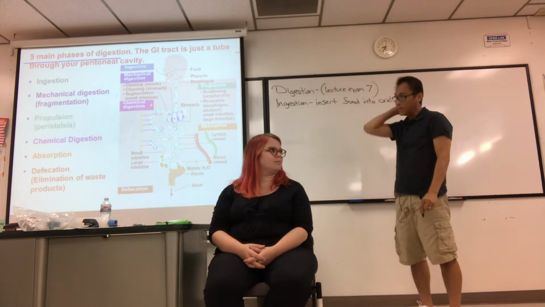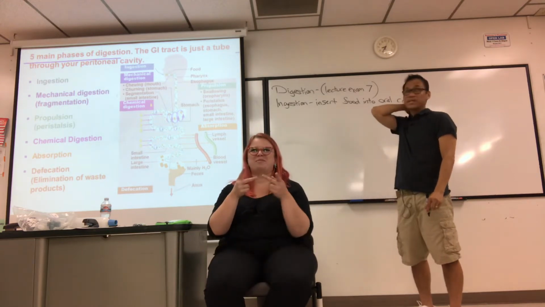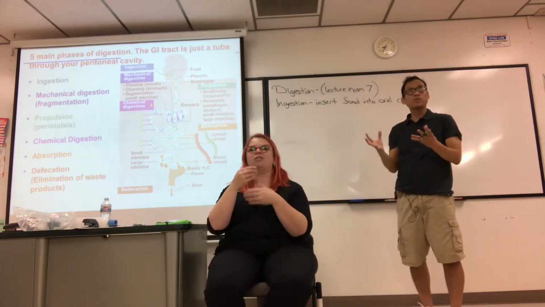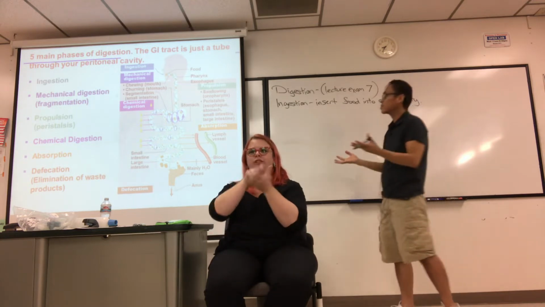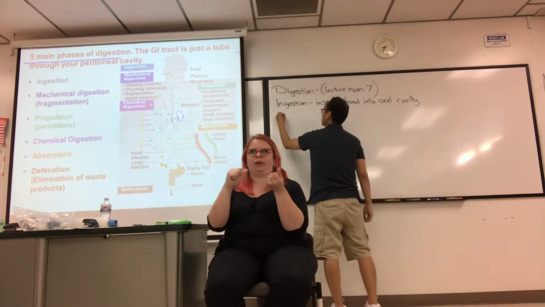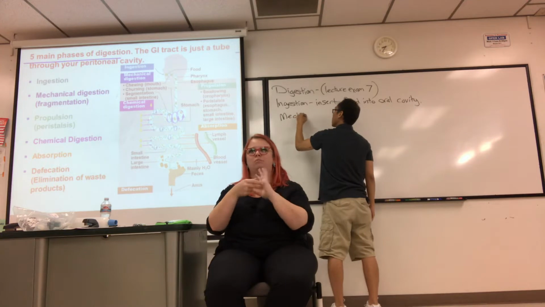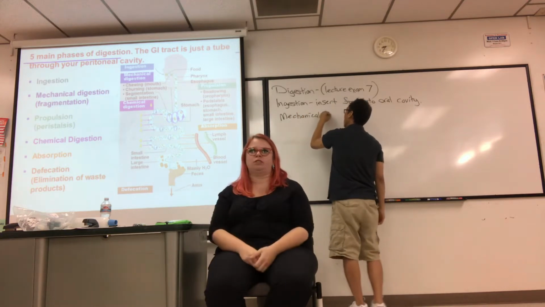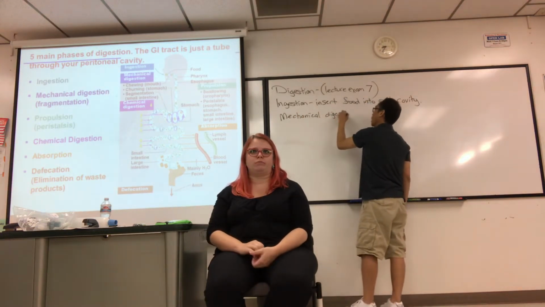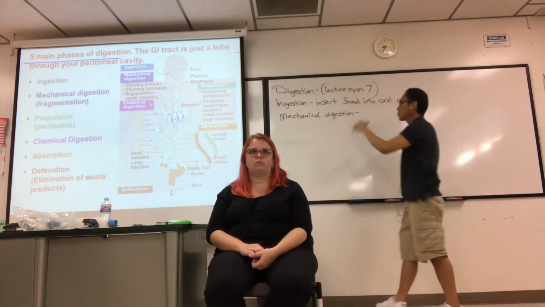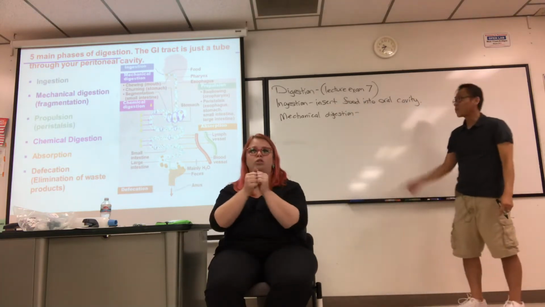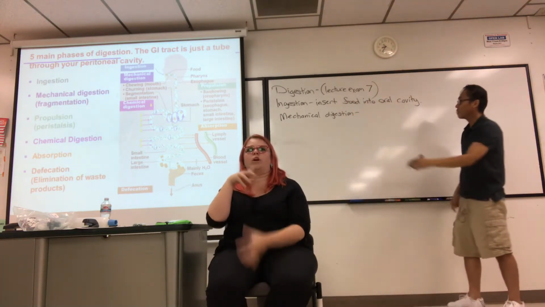There are a couple places where you have mechanical digestion. You just pummel the food, you just break it into parts. Mechanical. Well, it starts with the mouth, right? The oral cavity. Chewing.